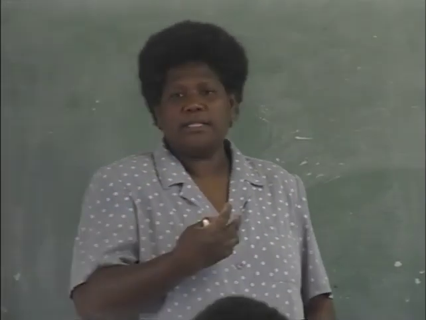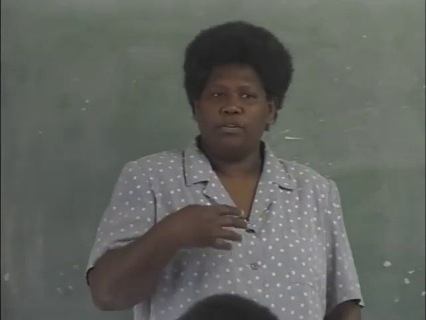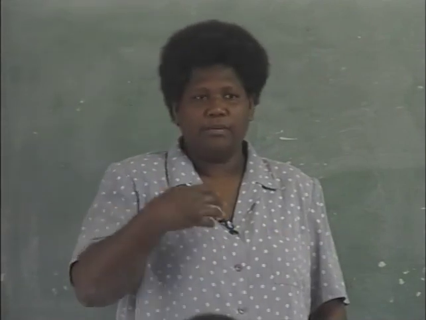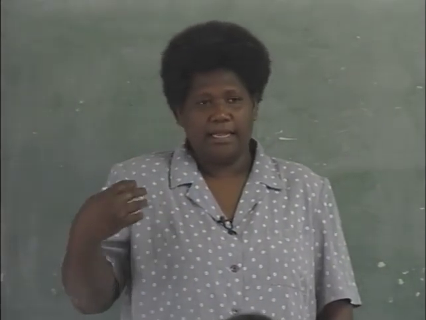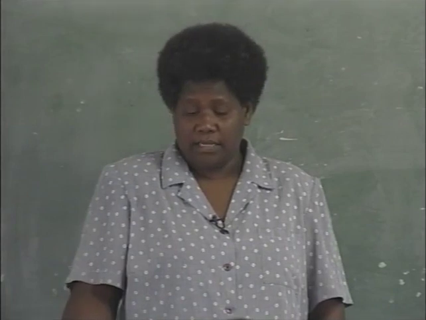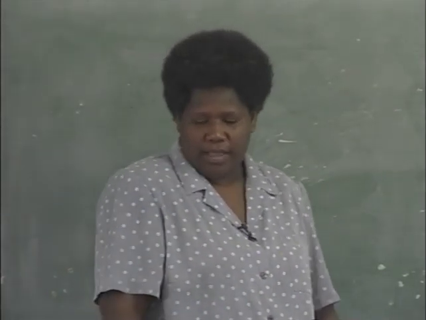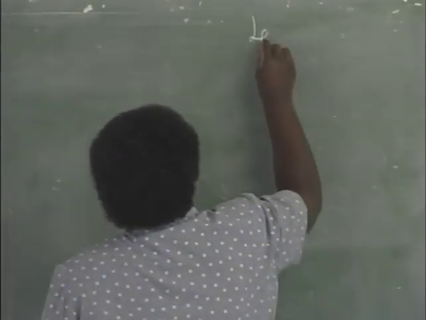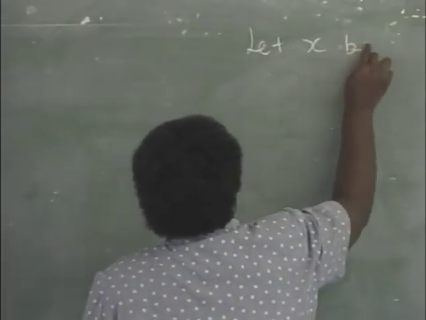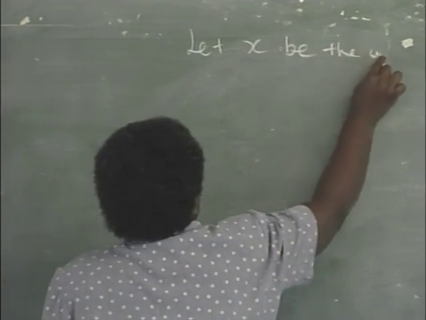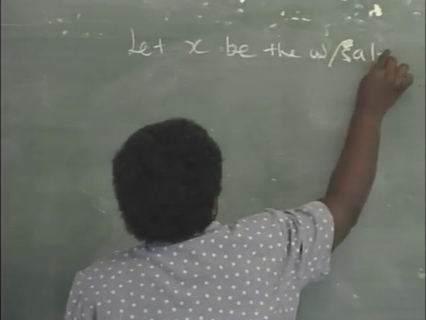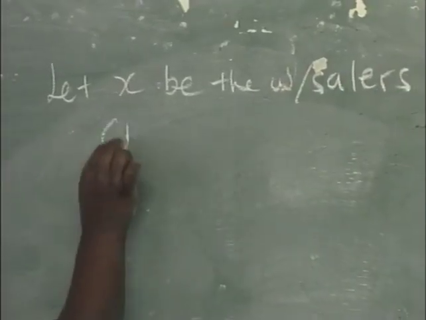Because the wholesaler will add profit onto his cost price that will give him the selling price, and the selling price includes that 15% profit. Clear? So you have to say, let X be the wholesaler's cost price. Good.